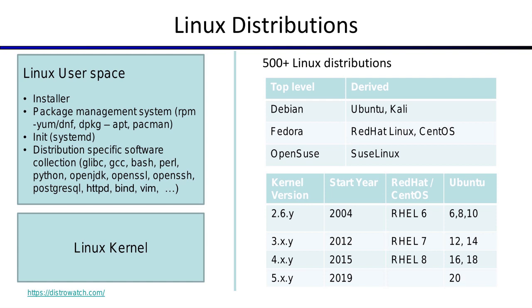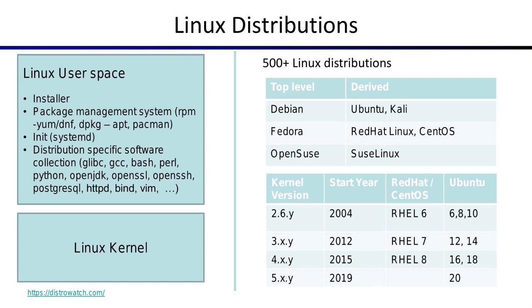Now, one thing that is important to compare distributions is what kernel version they are using. The latest kernel version that is being developed is in the 5.x series today. That was released in 2019. There are still versions running from 2004, 2006, 2.6.x.y versions that are still there.